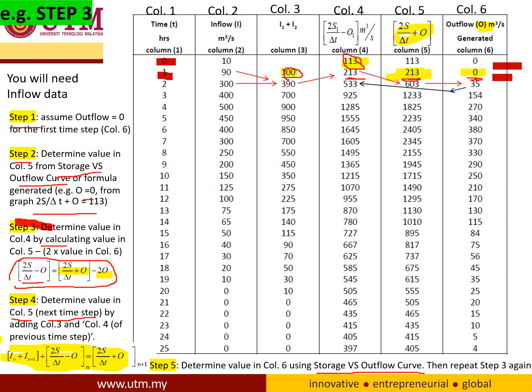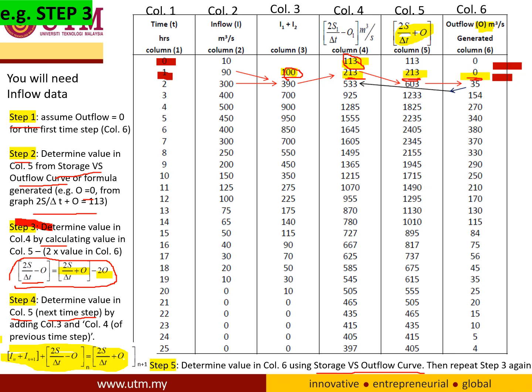The value in column 4 is column 5 minus 2 multiplied by column 6. So you get your column 4 again.